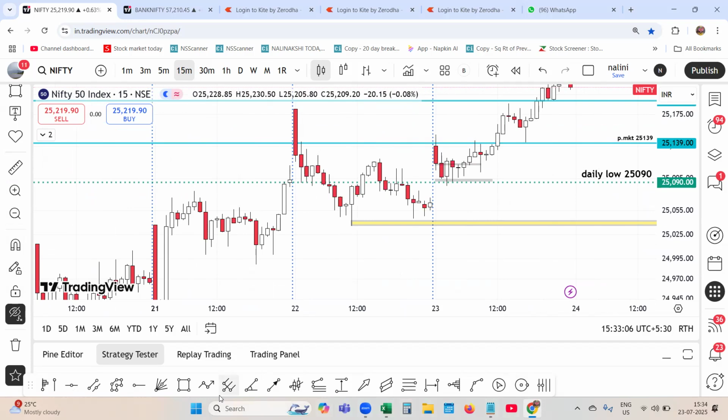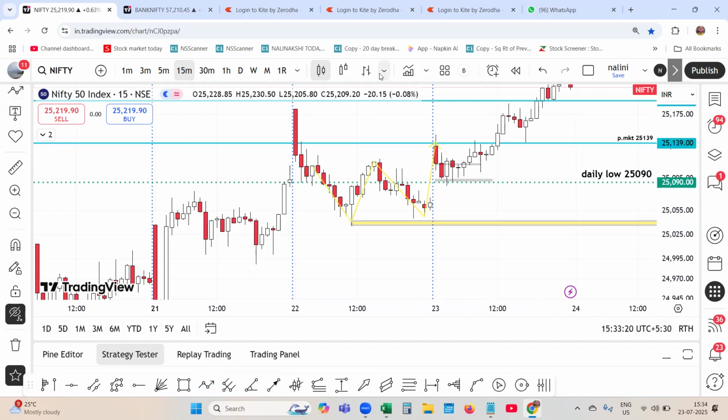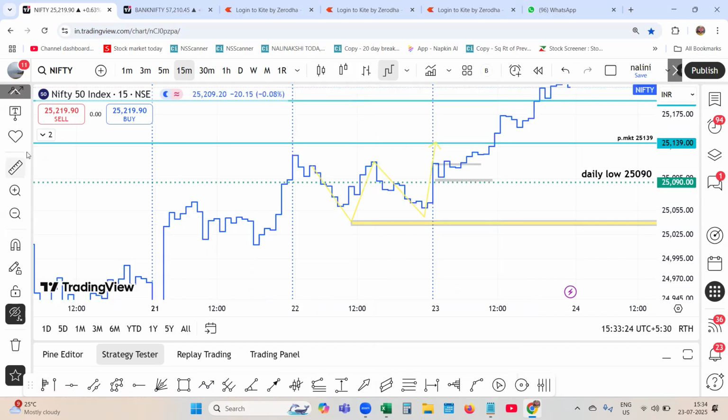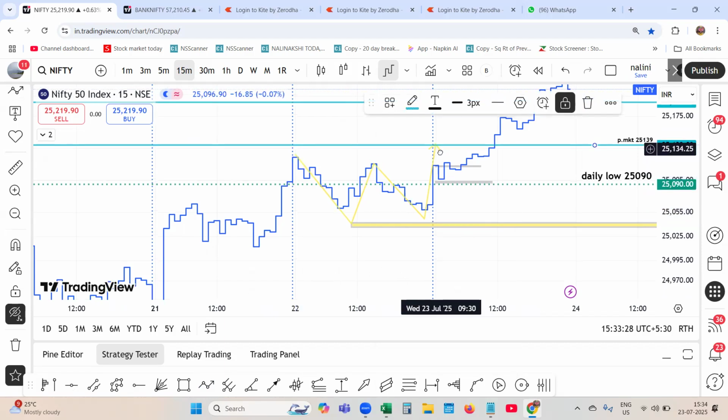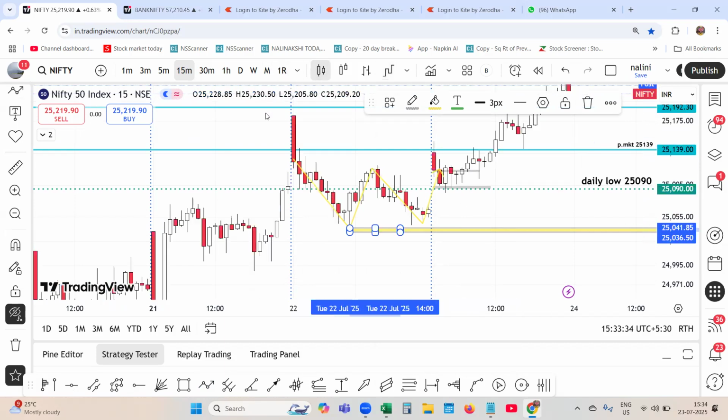You can see this was the path. If I mark the path of the structure from here, you can consider it as a W pattern. Why? I'll make it a step line. If you make it a step line, you can see a W pattern over here. I'll change it to candlestick.